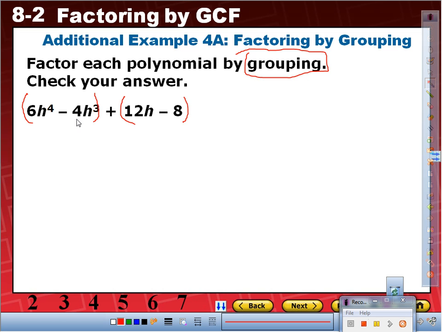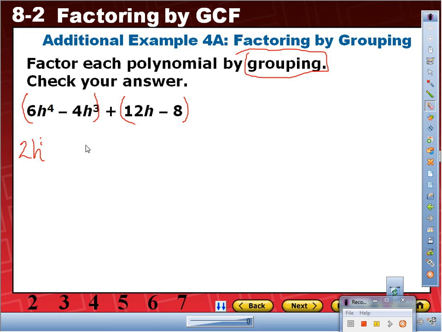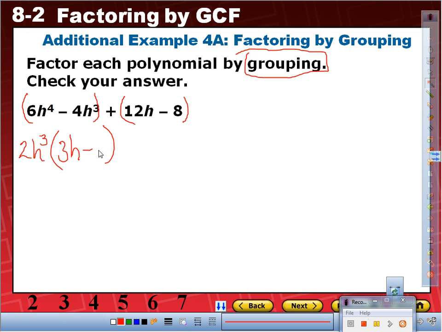Now let's focus first on the first two. What's the GCF of these two? 2h squared. Oh, cubed. My bad. I was testing you guys. So 2h cubed. And what's left over if we divide? We're left with 3h minus 2. Is that correct? All right. So let's look at this one.